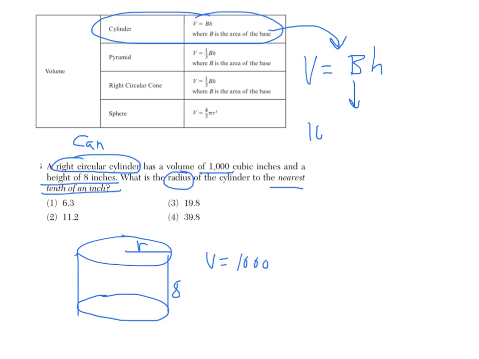They're telling us the volume's 1,000. Since the area of the base is a circle, we're going to use pi r squared for capital B, the area of the base, and the height is 8. From here I would just get r by itself by first dividing by 8 on both sides.